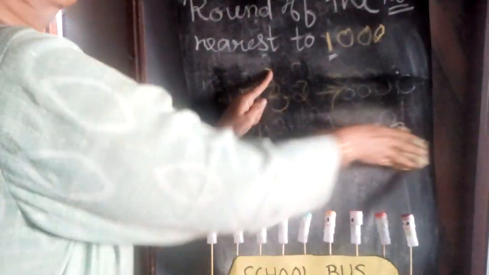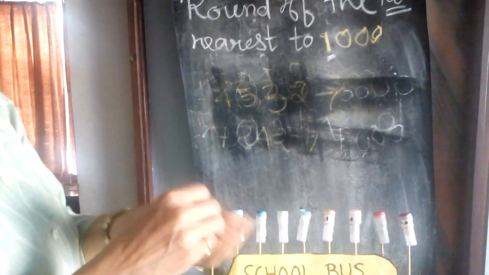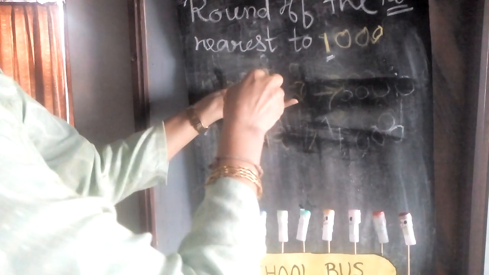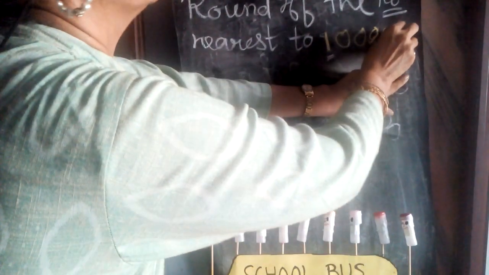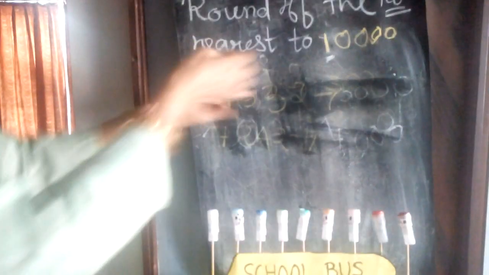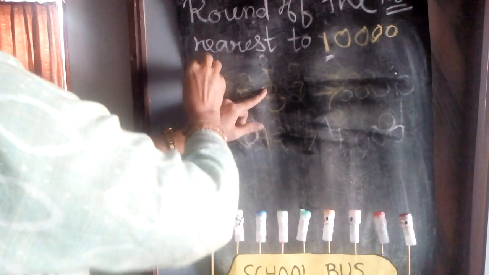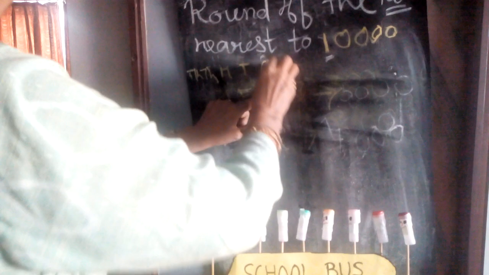When you are going ahead, tens, 100, 1000, same process. Suppose I am teaching you the rounding of the number nearest to 10,000. So 10,000 means suppose we are writing 1000, 10,000, 100, tens, ones.